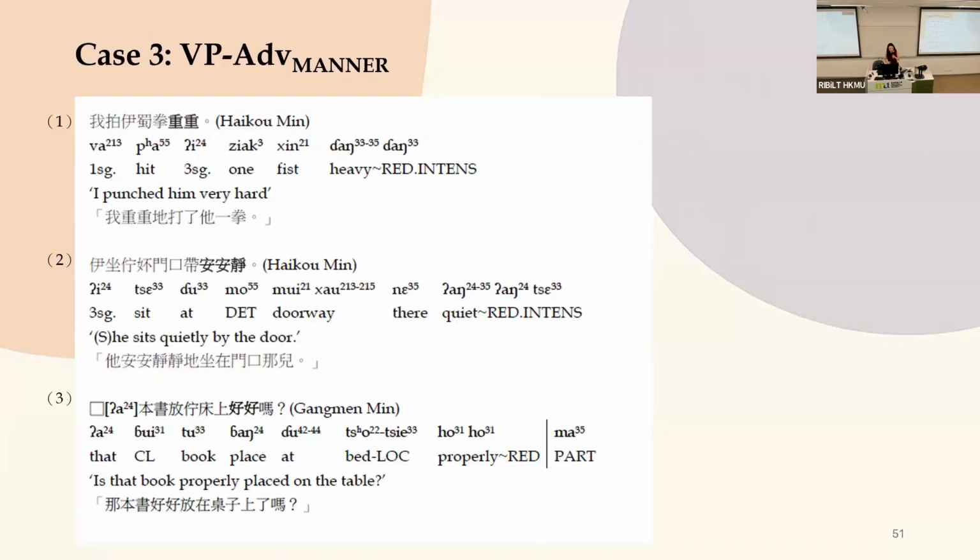So we can see that this sort of postposed adverbial manner phrase is extremely rare among Sinitic languages. And they can appear after the VP or even after a verbal classifier, like here, one fist is the verbal classifier, and then they can appear after a locative PP complement, sit at the door there.